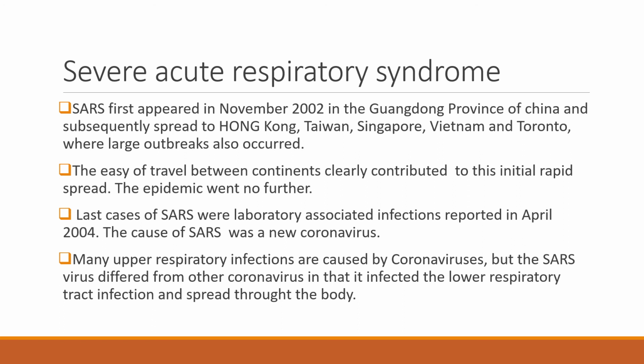Many upper respiratory infections are caused by coronaviruses. But the SARS virus is different from the other coronaviruses because it infected the lower respiratory tract and also spread throughout the body. And as we know, another pandemic is also ongoing by a coronavirus.